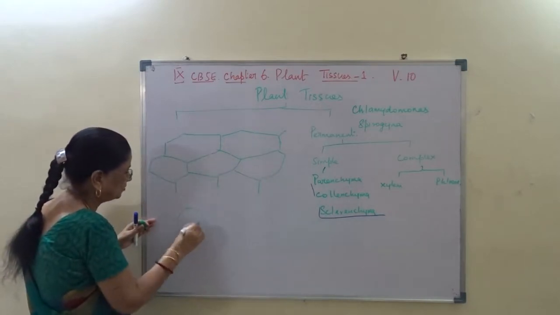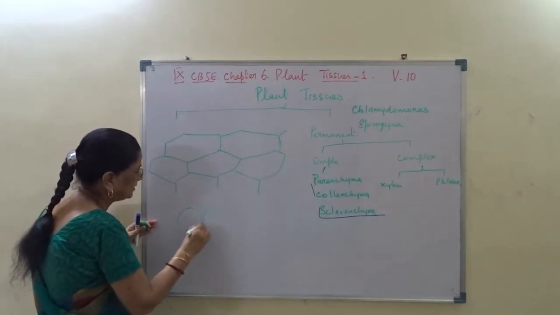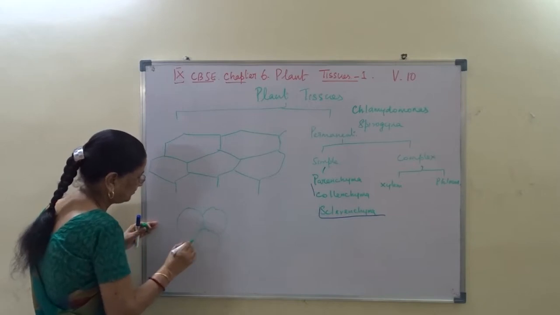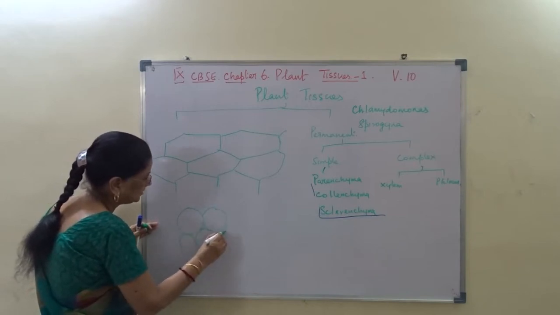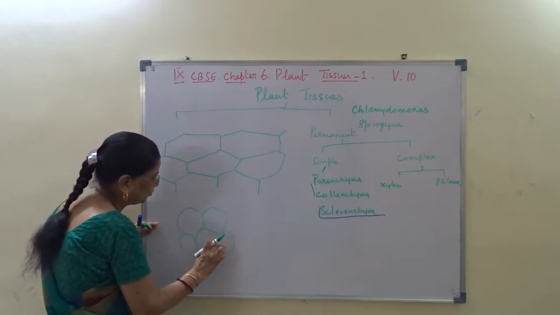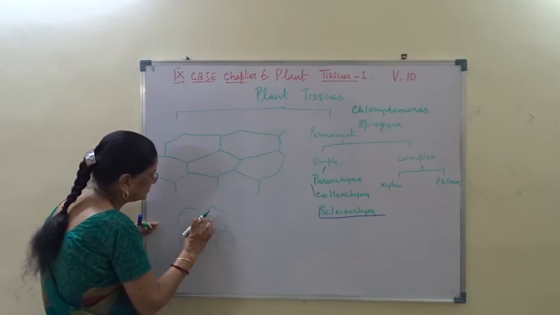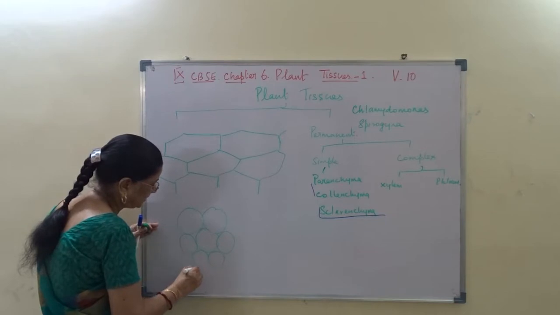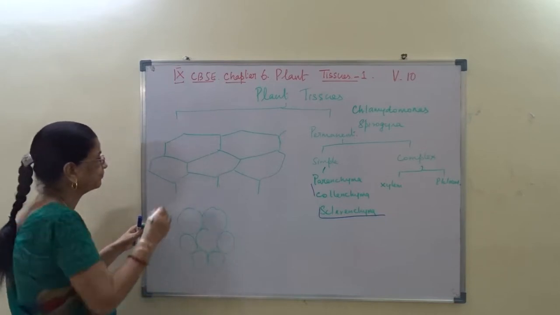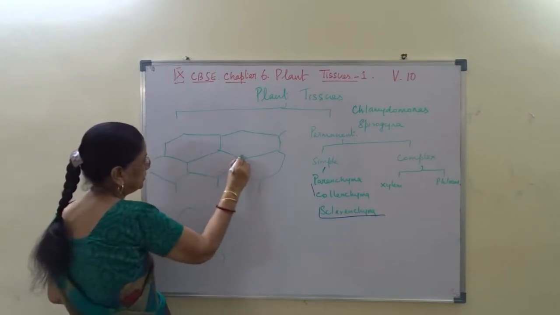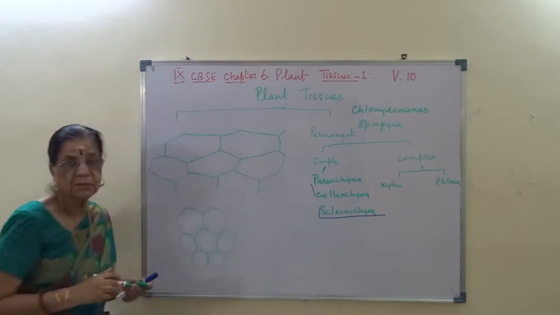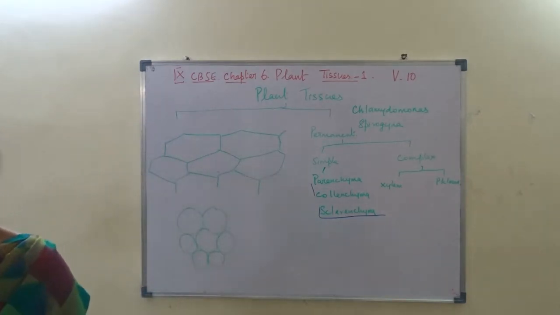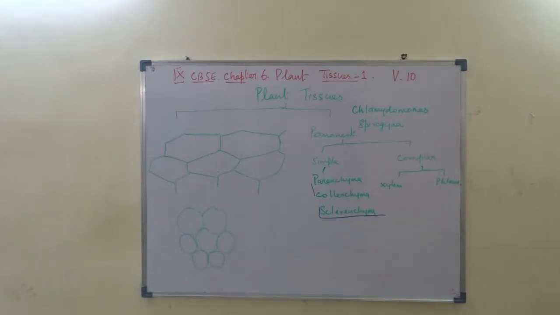Diagrammatically, when we draw it, the cells may be spherical or polygonal, like this. And the tissue will be like this. It will have a nucleus and cytoplasm. Can you see this? What you are seeing now is the simple permanent tissue.